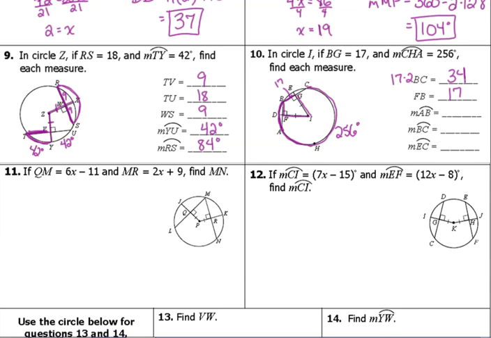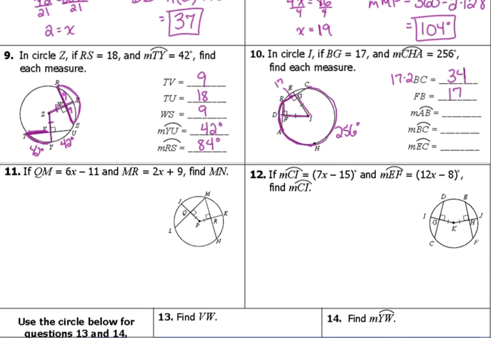Now, let's think about this for a second. We've got AB and BC. What's the relationship between arc AB and arc BC? Are they half, the same, add to 180? They're the same.